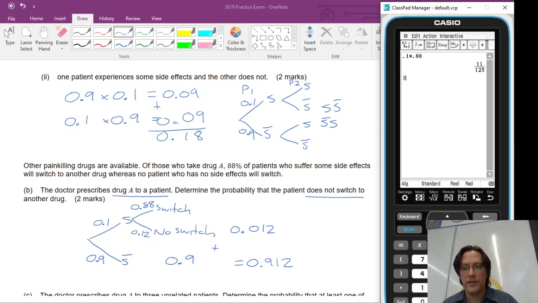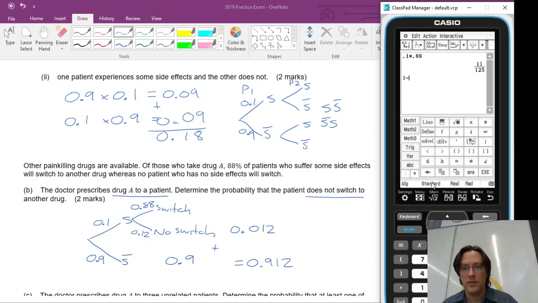And we should do 1 subtract that number. Turn it to decimal. And that's 0.912. So we've got the same answer, whether we work out the probability going that way or whether we work out the probability going by adding the other two. Okay, so that's that one there.